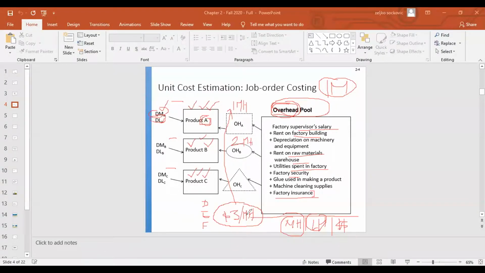Okay, well, if it's two machine hours and each machine hour costs me $3 in overhead, then 3 times 2, $6, right, for product B. And then boots are kind of complicated, whatever. They take 3 machine hours to make. Okay, well, if they take 3 machine hours to make and each machine hour costs me $3, then it's $9. So you see the idea.